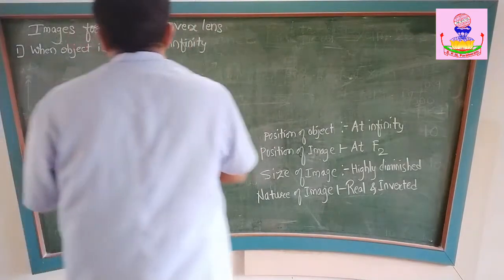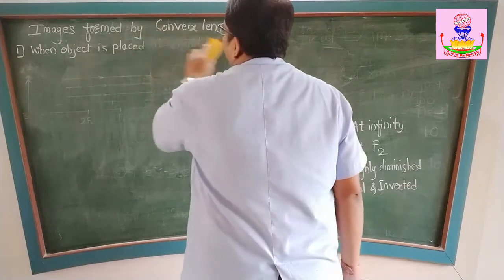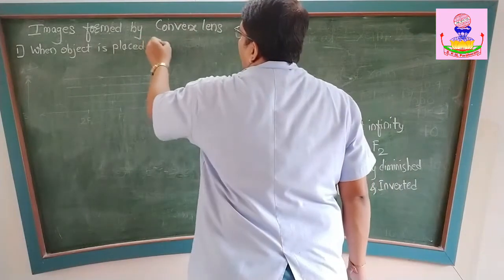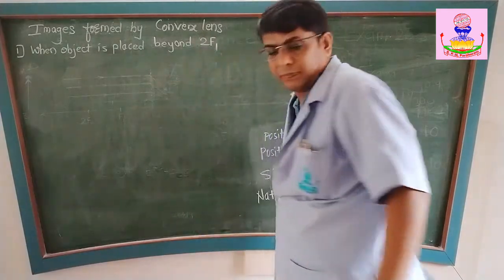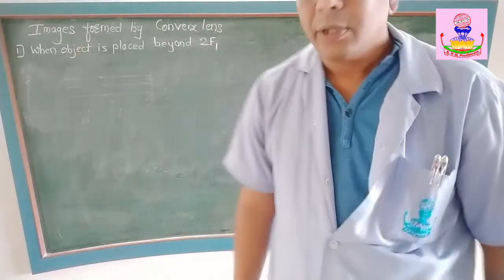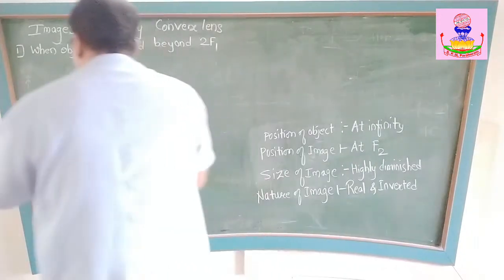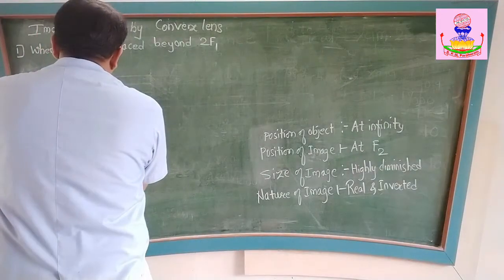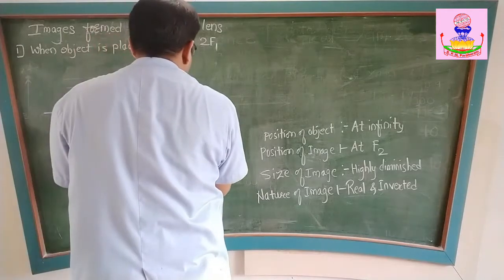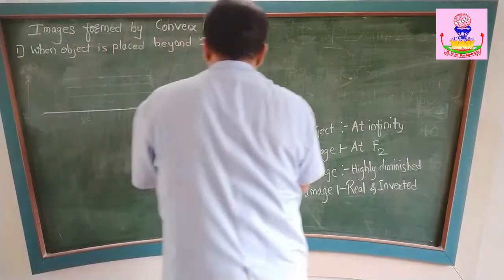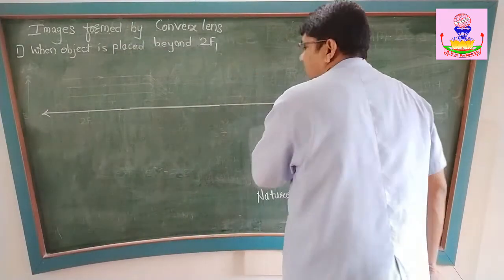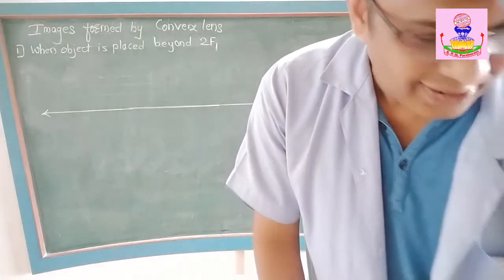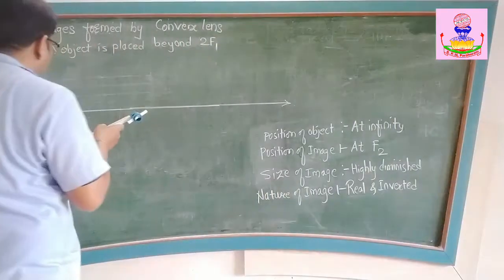Now when the object is placed beyond 2f1, we will draw the principal axis, regular basis now. Draw the convex lens.